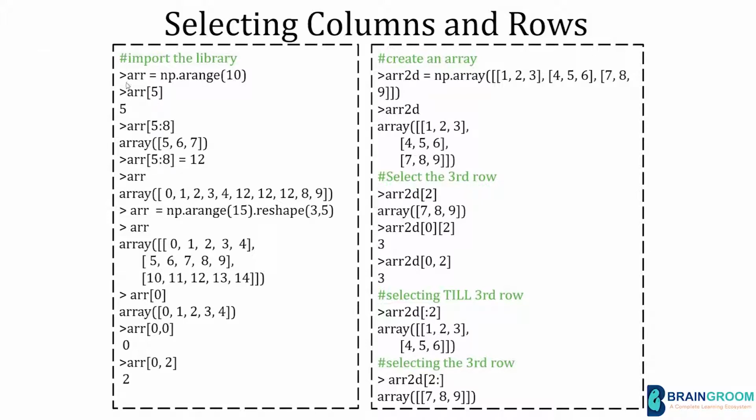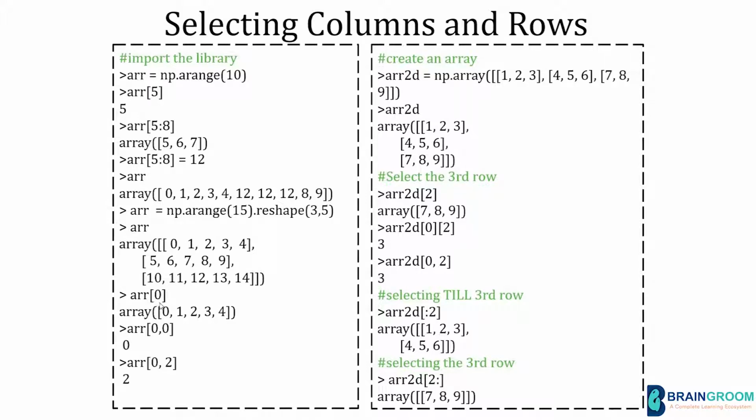If I want to print the 5th position to the 8th position in the array, it prints 5, 6, 7. If in a particular position we want to reassign another value, yes, we can reassign it. And if we want to reshape, yes, we can reshape it.